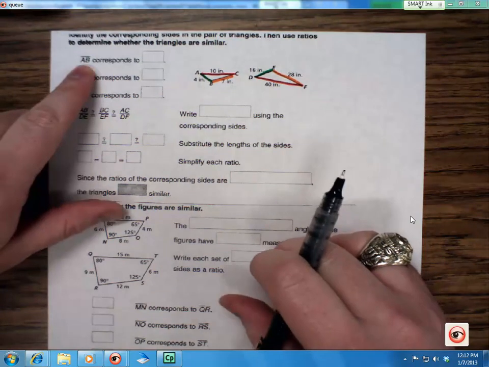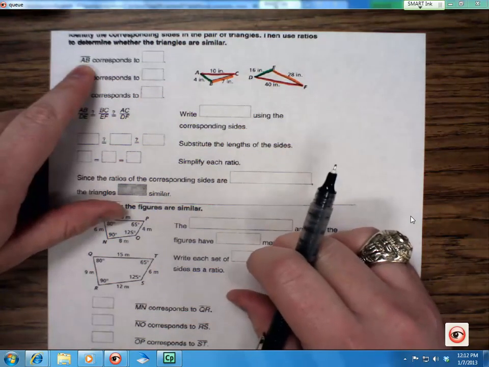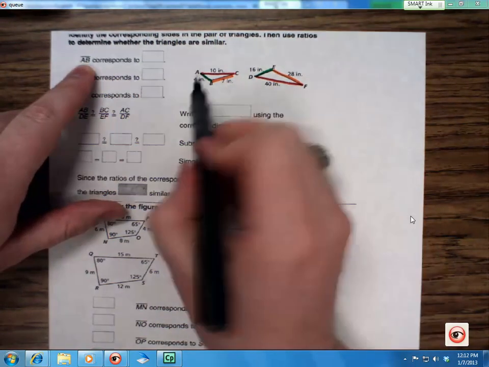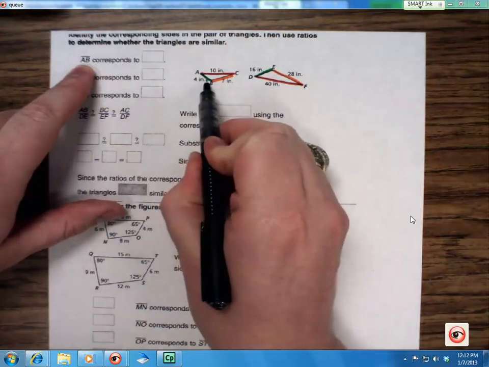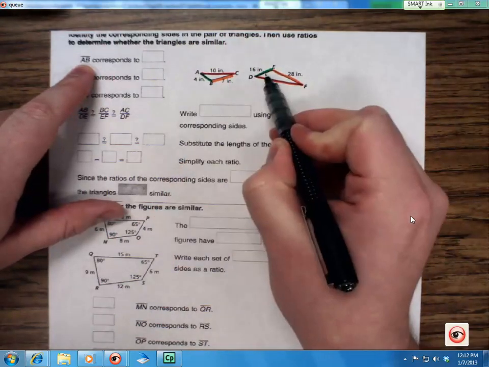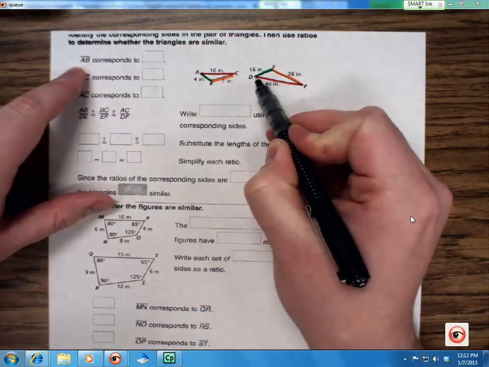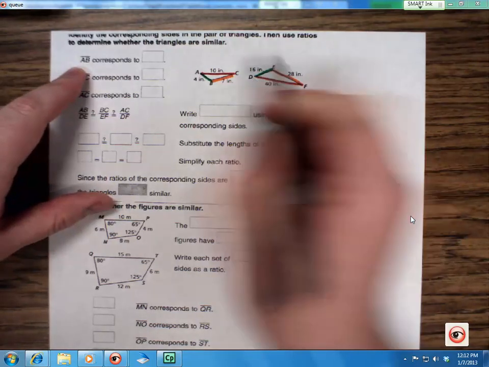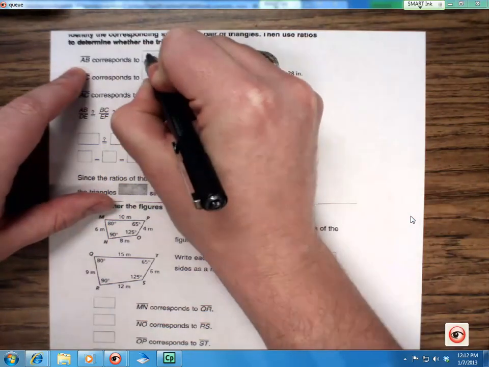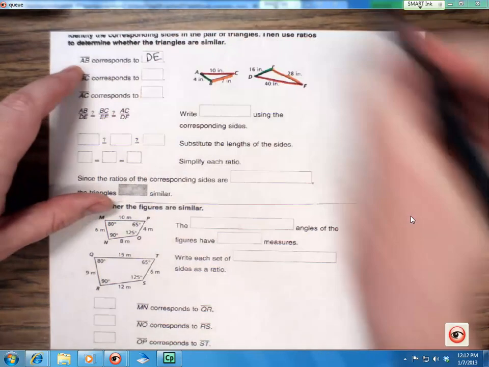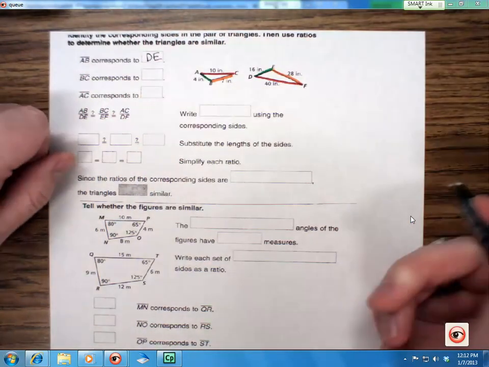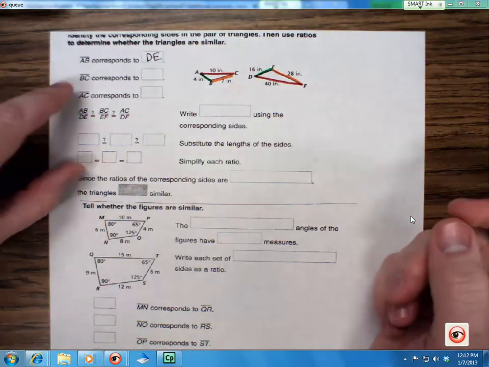The first question says side AB corresponds to, well, let's look. AB is on the small triangle here, and that's the green side. So over here on the larger triangle, it's also going to be the green side, but that's going to be side DE. So in this box right here, we're going to put DE. Now, what about BC?